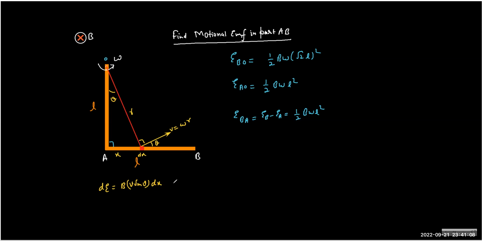Is this correct? Understood. Yes, sir. So we can write B, and V we can write as omega R. Now, fortunately, R sin theta is how much? What is R sin theta? It is X itself, right? Yes, sir. And then dX. So we can find the EAB equals, value-wise.